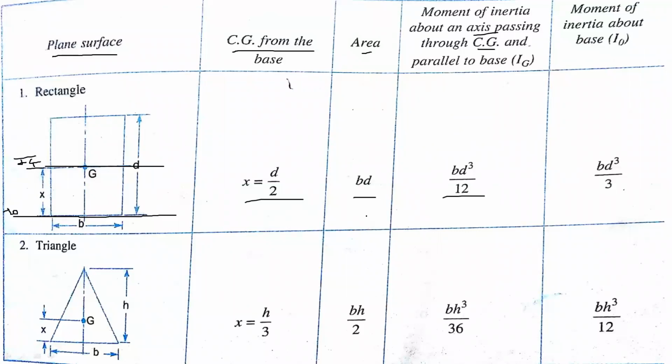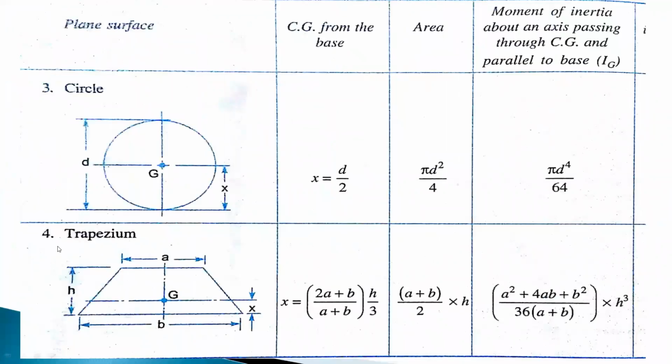We are just interested in the moment of inertia about the center of gravity. The standard formula is given in this chart. Second is for the triangle. Take the screenshot. This is for the circle and trapezium. When we solve problems, we will understand how to use these formulas to calculate the center of pressure and the total pressure.